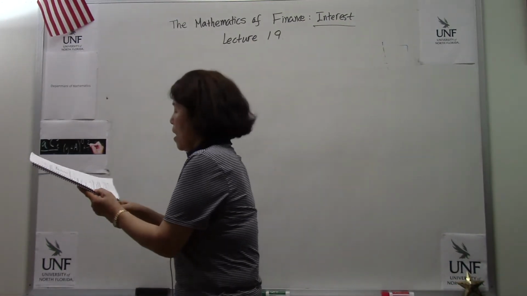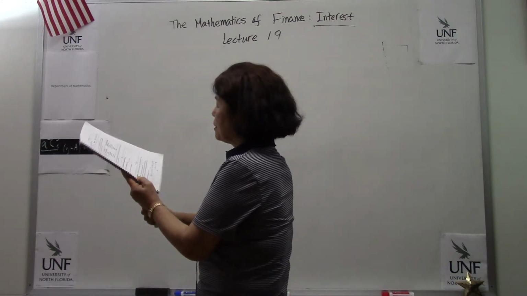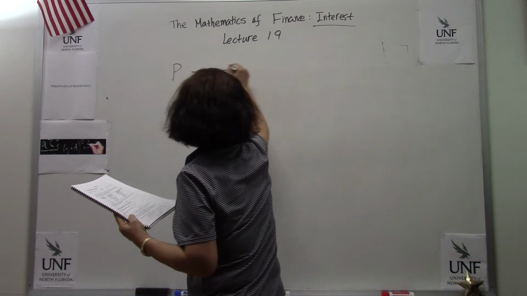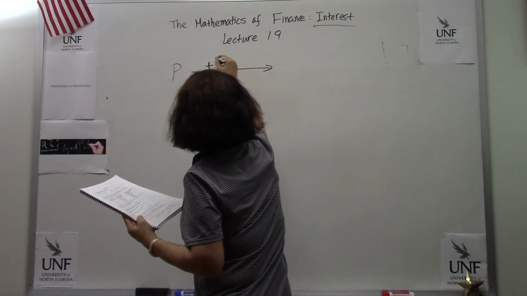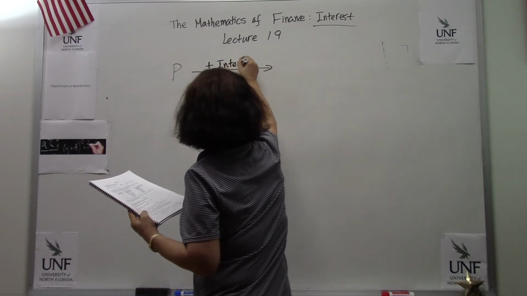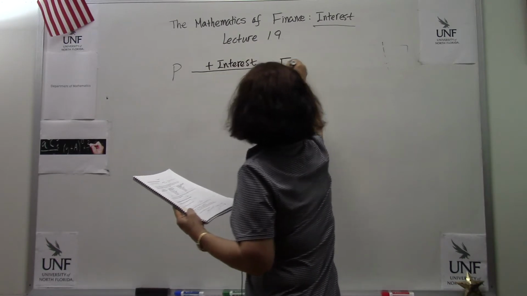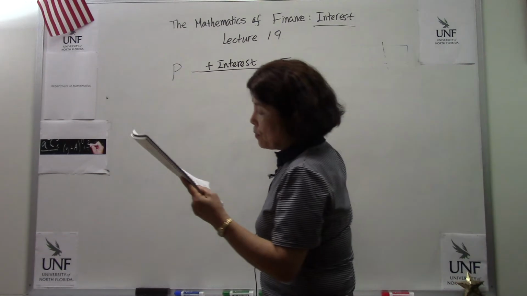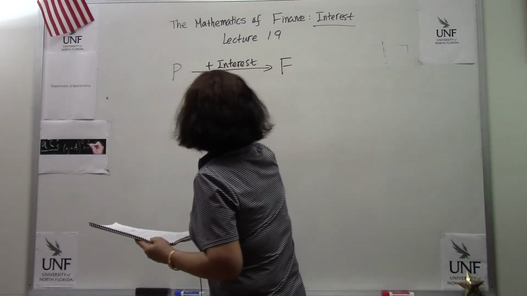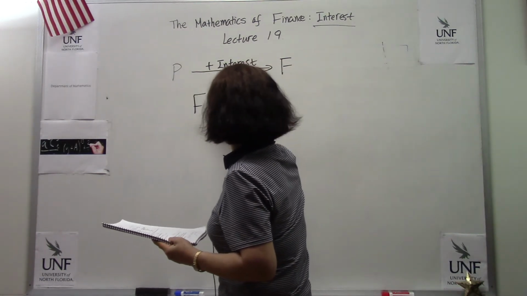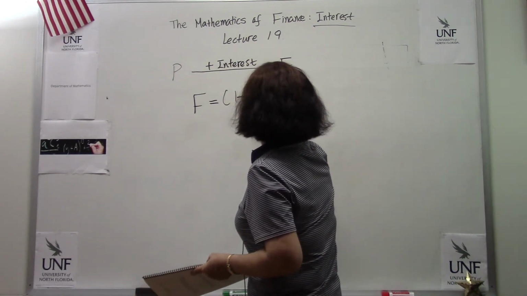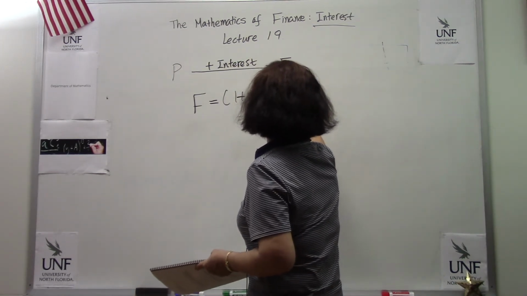Okay. How do you compute? Earlier I said you are going to add interest and you are going to have a future value, correct? So how we are going to compute the future value? Future value is 1 plus I to the n times p.